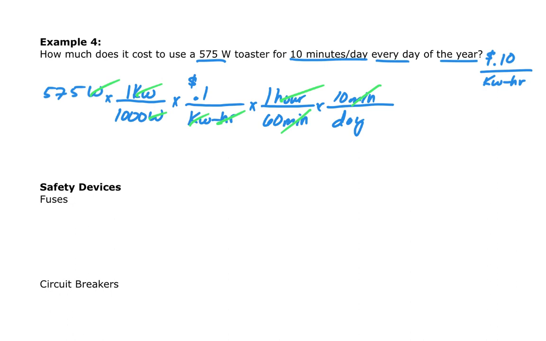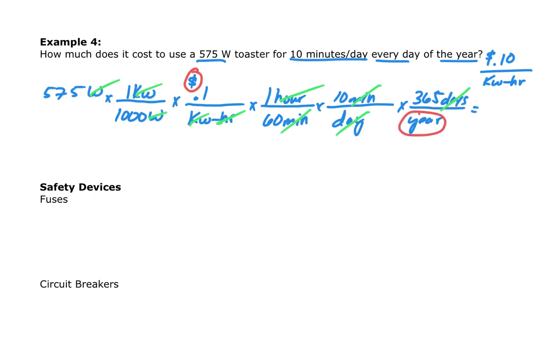So far I have dollars per day, but since I'm using this toaster every day of the year, I can say 365 days I'm using this toaster per year. No vacation for the toaster. And then the day cancels with the day. I'm left with dollars on top, year on bottom, which is exactly what I wanted.